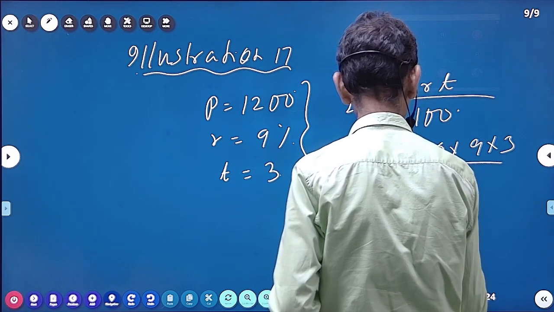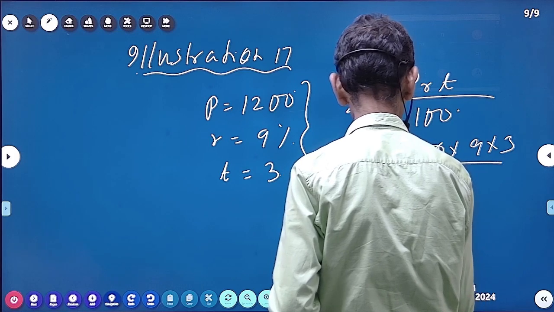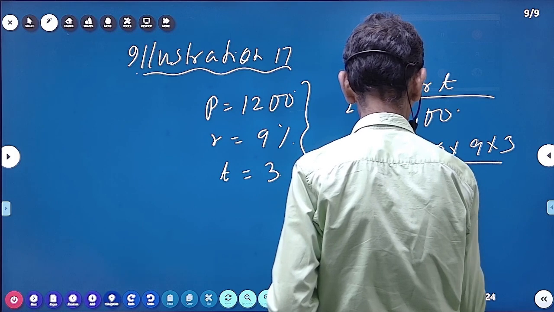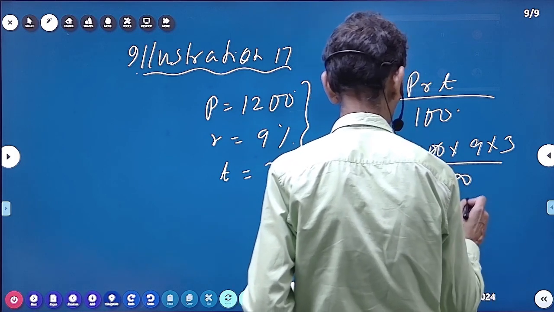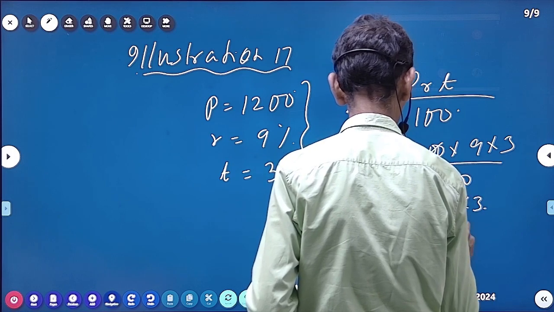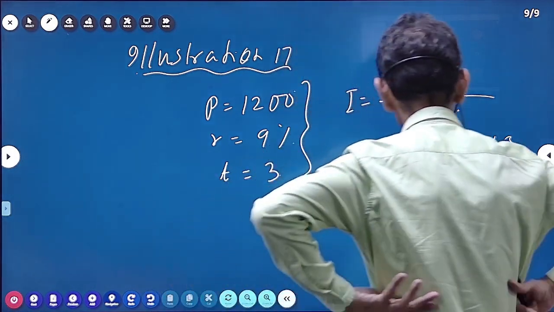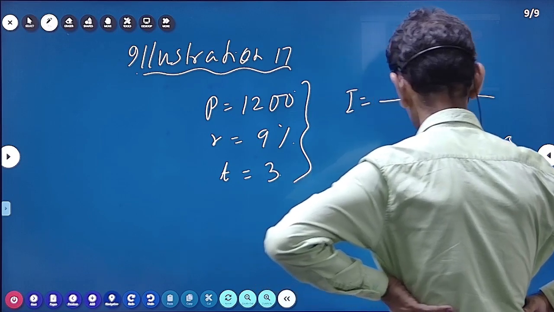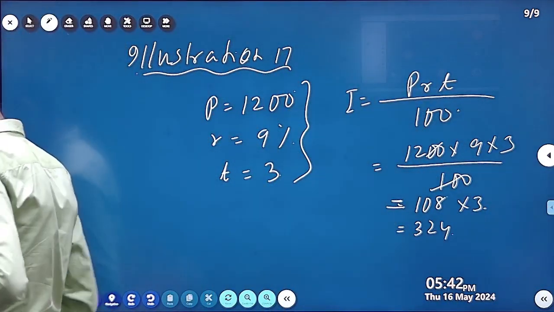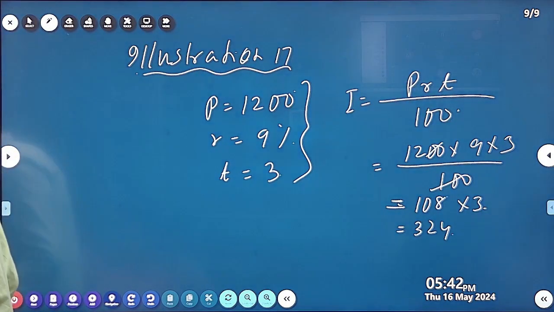So 12 into 9, 108, into 3, 324. 324. Yeah. Then next, solve illustration 18.